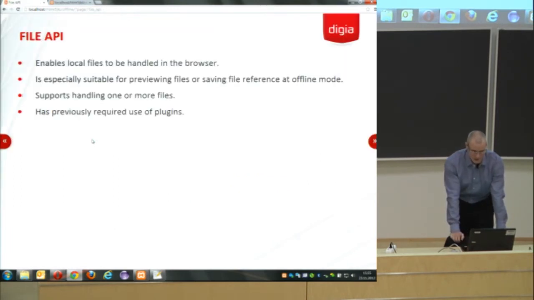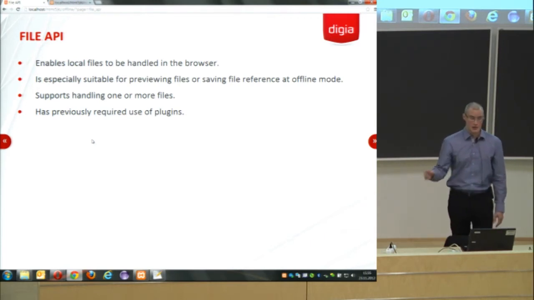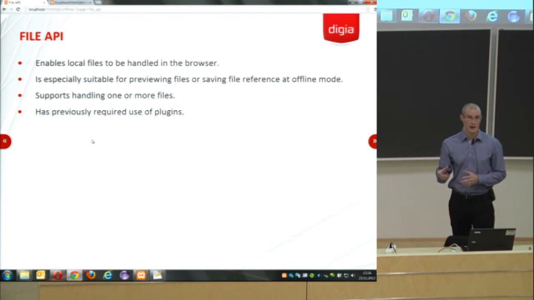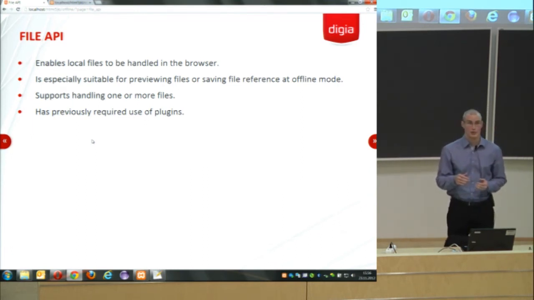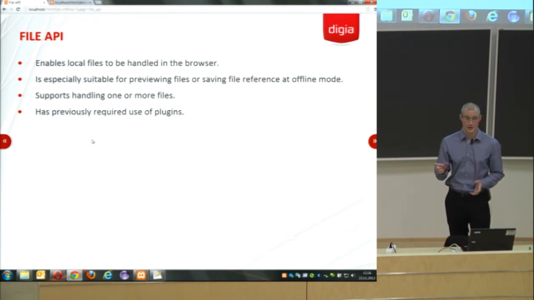5. This enables local files to be handled in the browser. Especially when I'm in offline mode, I can store a reference to this file and try to upload it to the server when I'm in online mode, because I know the reference.